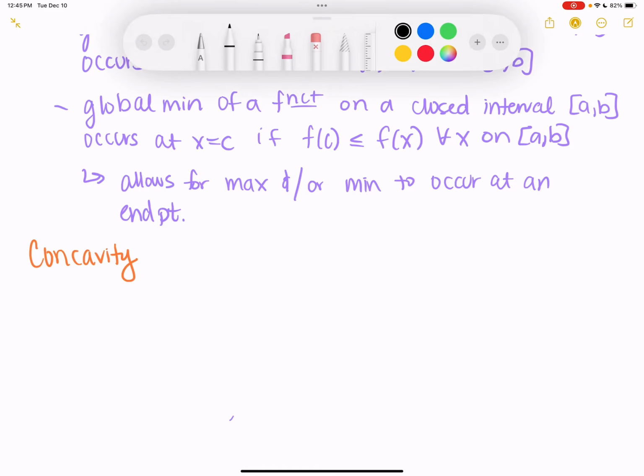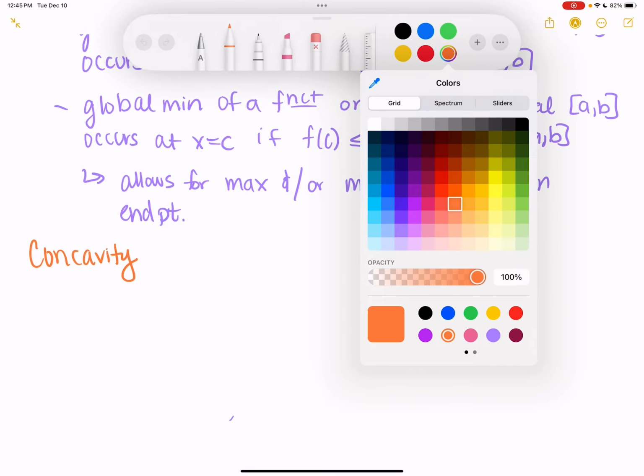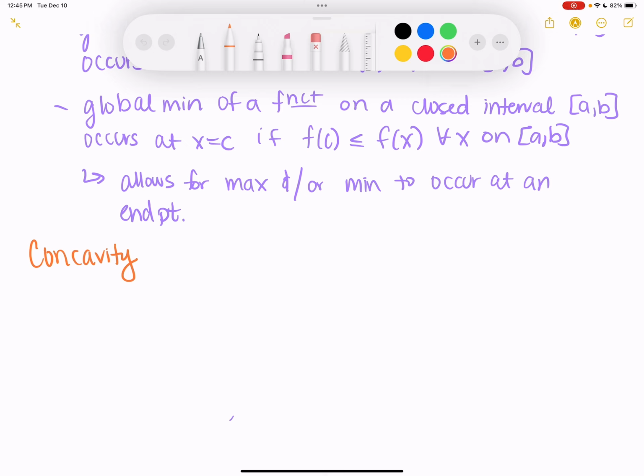All right, we were on concavity. So a graph is concave up on the interval A to B. Notice it's an open interval.